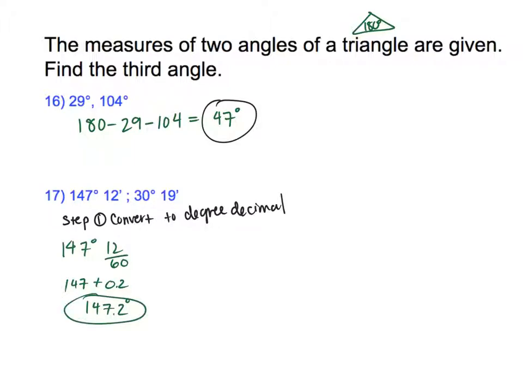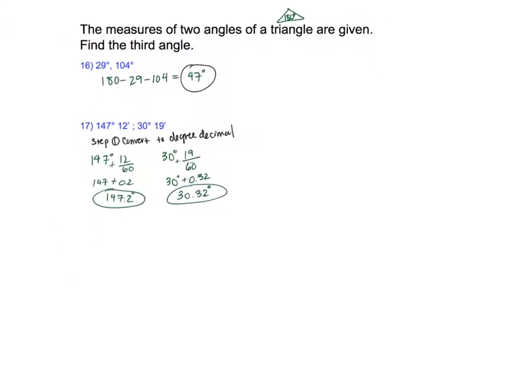Now the other one: 30 degrees plus 19 divided by 60. I forgot the plus sign last time. If I divide, I get 0.32, and adding the 30, that's 30.32 degrees. Here's my second one.